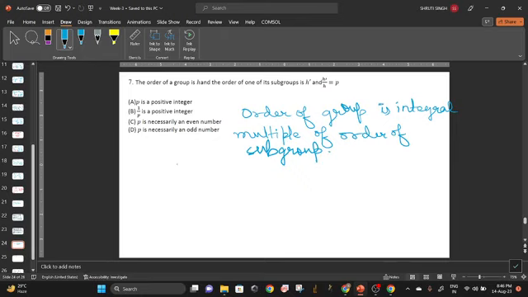So how do I write it? H is equal to K times H prime, K is a positive integer.